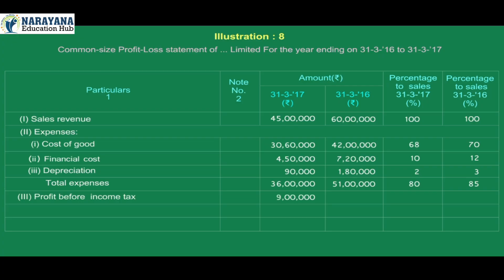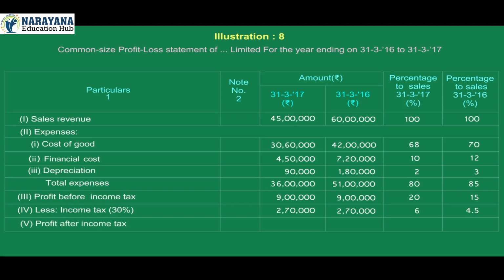Profit before income tax 9 lakh, 9 lakh, 20%, 15%. 4. Less income tax 30%, 2,70,000, 2,70,000, 6%, 4.5%. 5. Profit after income tax 6,30,000, 6,30,000, 14%, 10.5%.